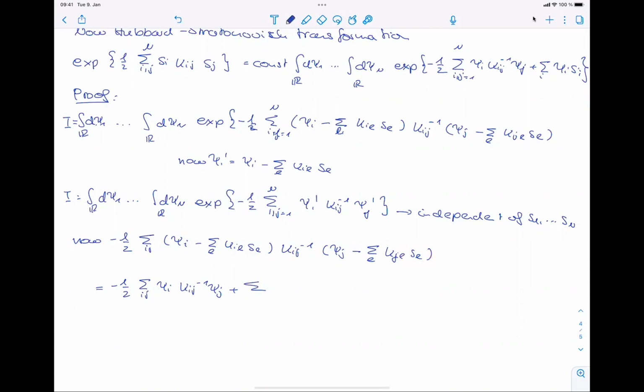So what I'm left with is the summation over i of psi_i s_i. Of those terms I have two, because I have the product with this and this, and the product with this and this. And what's left then is the product of that, which gives me minus a half sum over i, j of s_i K_ij s_j.